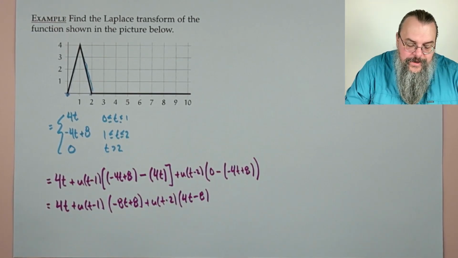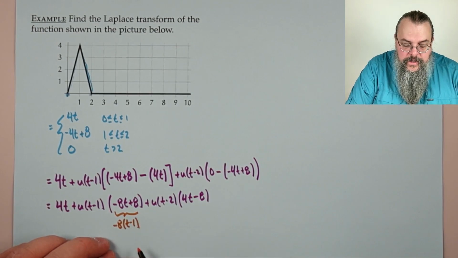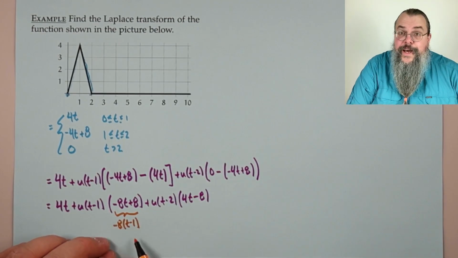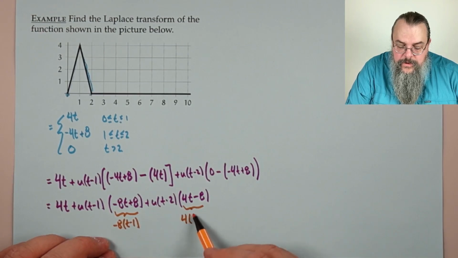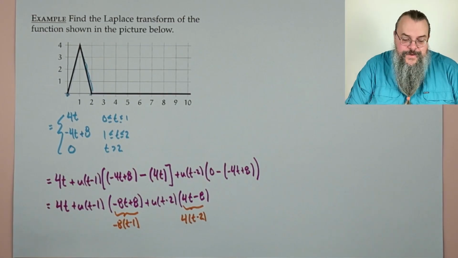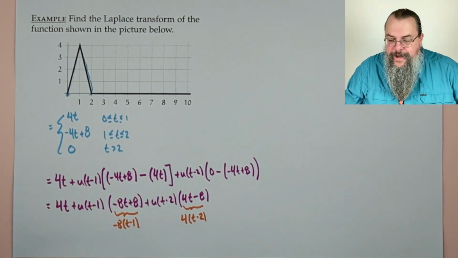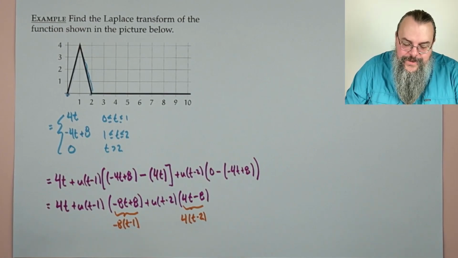We're really, really close. Because what can we do here? Well, we can pull out a negative 8, and then we have a t minus 1. And we're like, t minus 1? That's awesome! And we come over here and say, well, what can we do? We could pull out a 4. What do we have left? t minus 2. Double awesome! So what do we have?